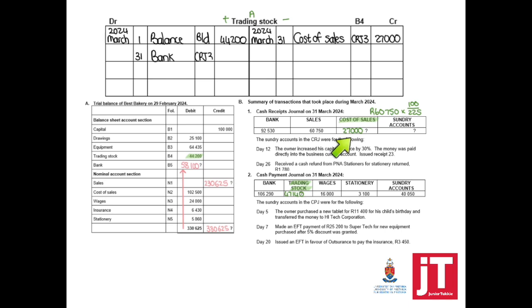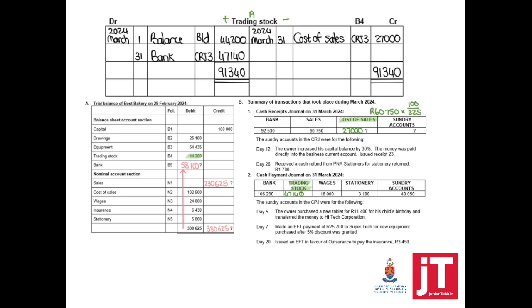From the cash payment journal, bank is going to be credited, trading stock is going to be debited. The amount, $47,000, $16,140. Now that we've posted from the cash receipts journal and the cash payment journal, we can balance this account. To balance the account, take the debit side.